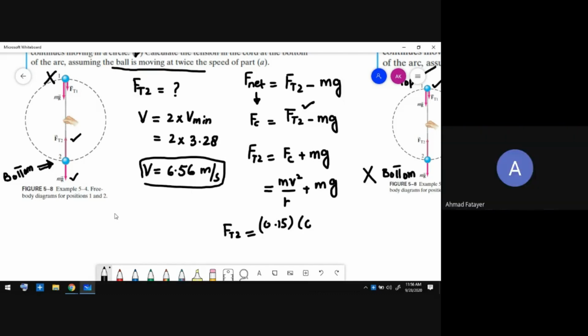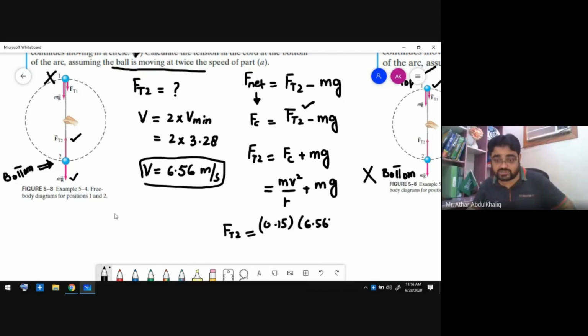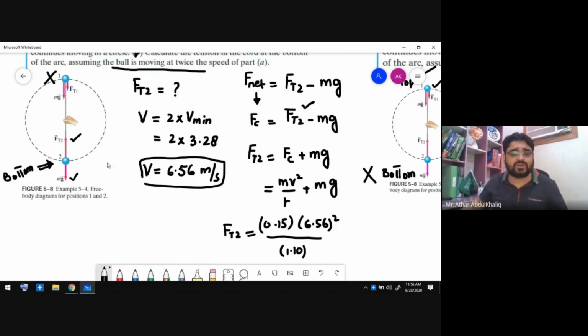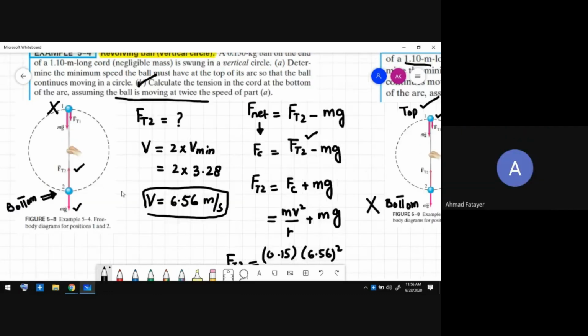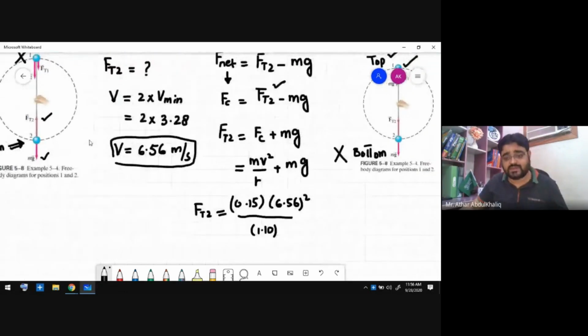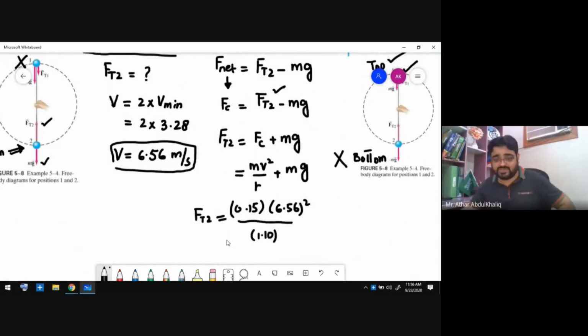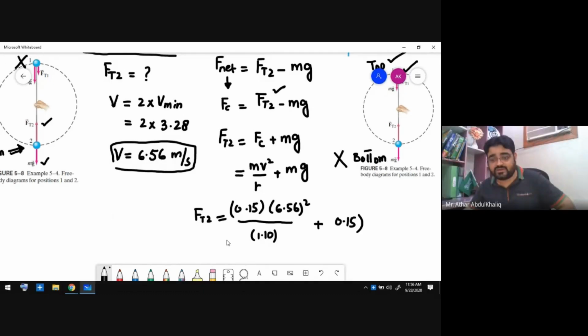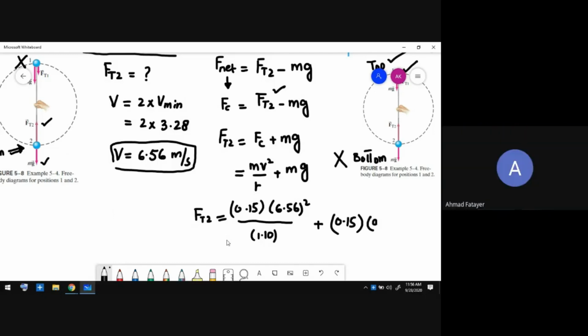So this is 6.56 squared over R, and the radius was 1.10, plus mg, which is 0.15 times 9.8.